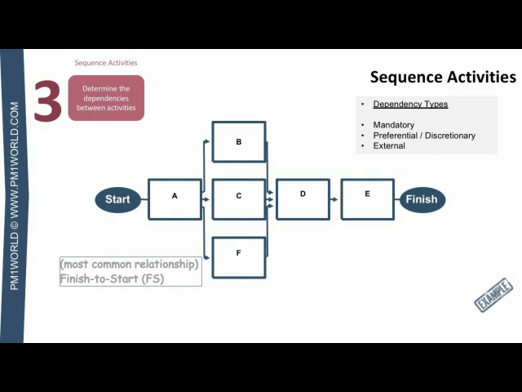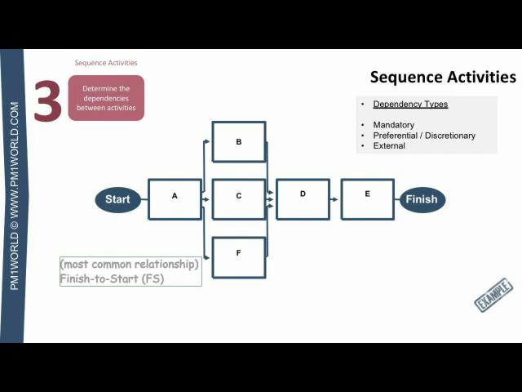Something has to be done before something else can be done. You can also have discretionary dependencies, which are sometimes referred to as preferred or preferential logic. These are based on best practices and can be useful when you need to overlap activities to shorten the schedule. Sometimes preferential dependencies can be shifted.